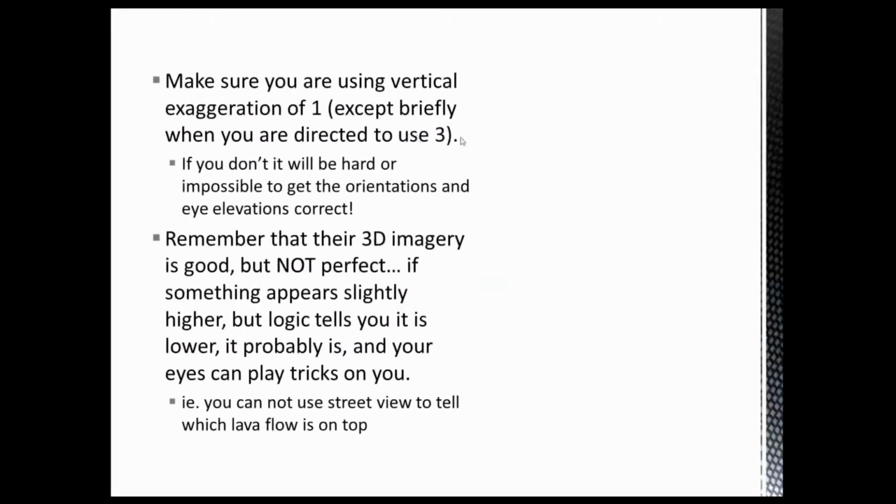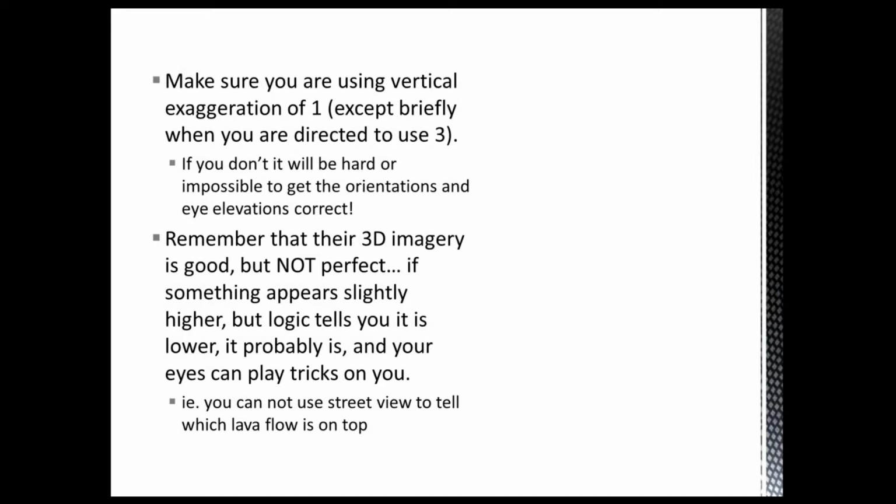Now, one of the things you want to do is make sure that you use a vertical exaggeration of 1. Now, when you flip it up to vertical exaggeration of 3, it might be a little easier to see certain things, but lava flows are not very thick in Hawaii, or at least not in the area you're looking at.